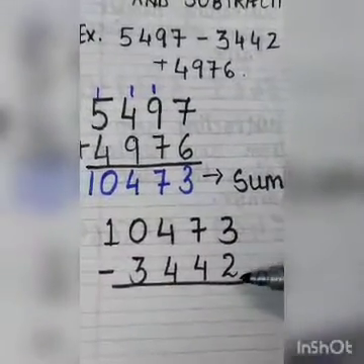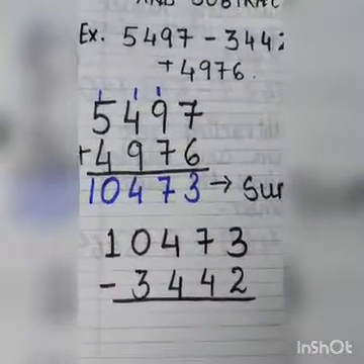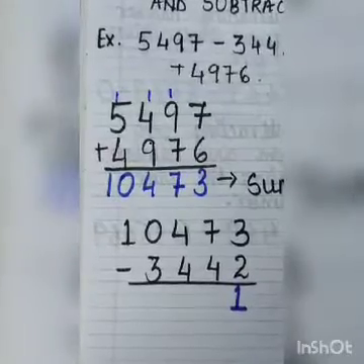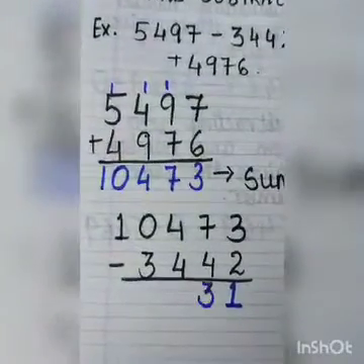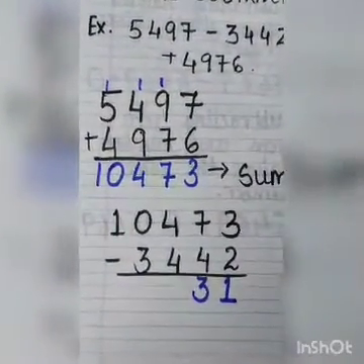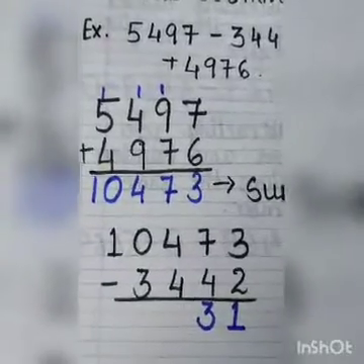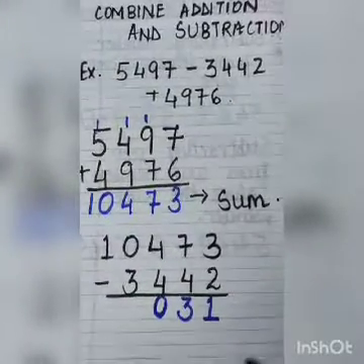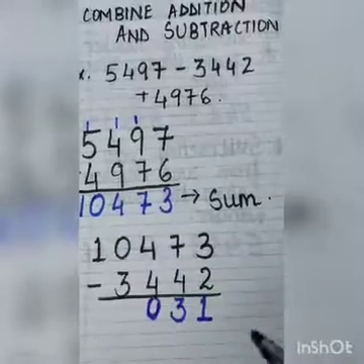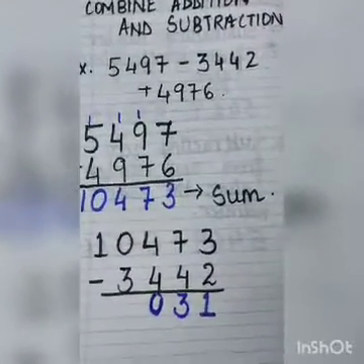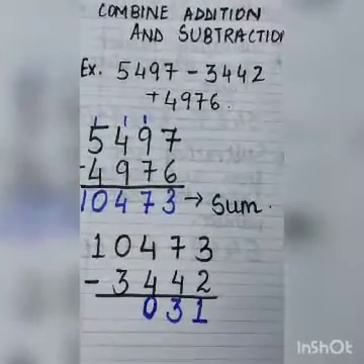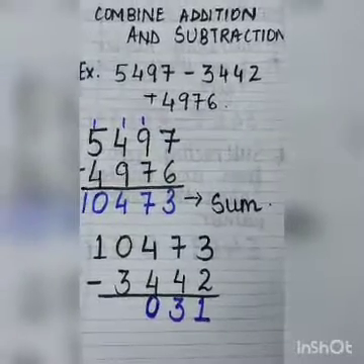3 minus 2 gives us 1. 7 minus 4 gives us 3. 4 minus 4 gives us 0. Then we have 0 here. It is not possible for us to take away 3 from 0, so we will take a borrow from 1.